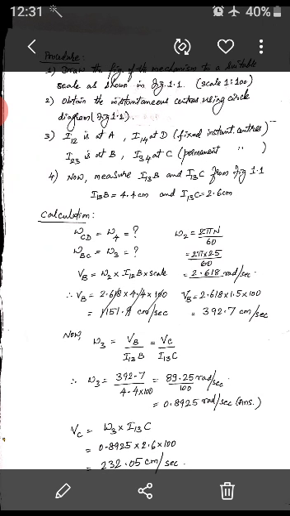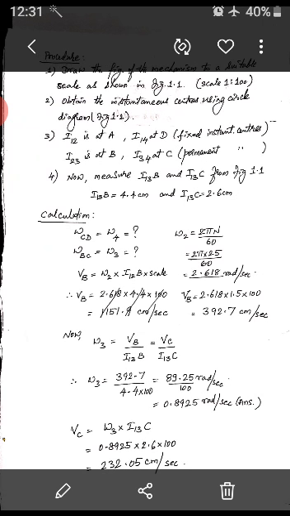See the previous calculation also. VB is equal to omega 2 into I12B we have taken, because we should always refer to link number 1. So the similar formula we have written here. Omega 3 is VB divided by I13B. Now for omega 3, VB is already known. And the dimension of I13B after measuring from the figure is 4.4 centimeter.